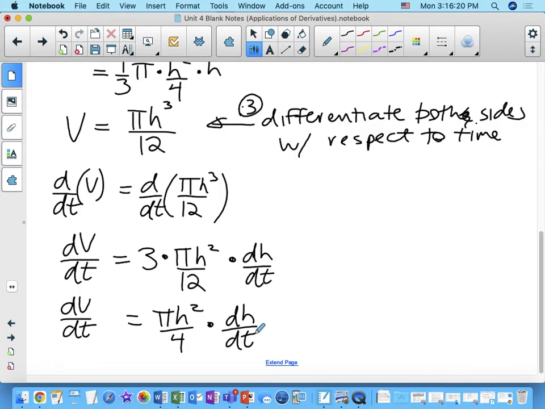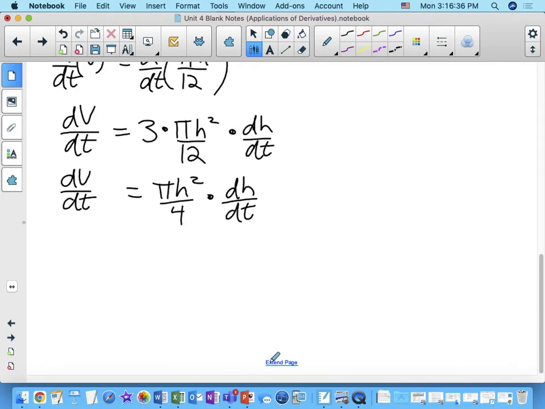Okay? And then at this stage, you can sub in what you know. Some people actually like to solve for dH by dt first and then sub in at the end. That's sort of the physics style of doing things. You can certainly do that too, okay? That's fine. Either way.